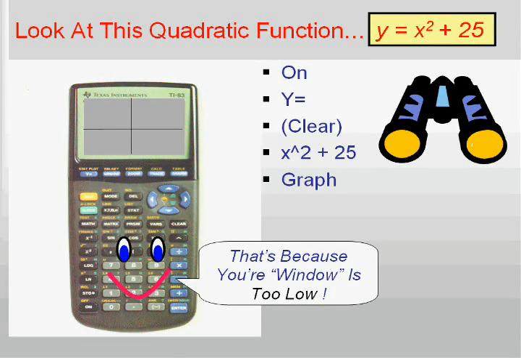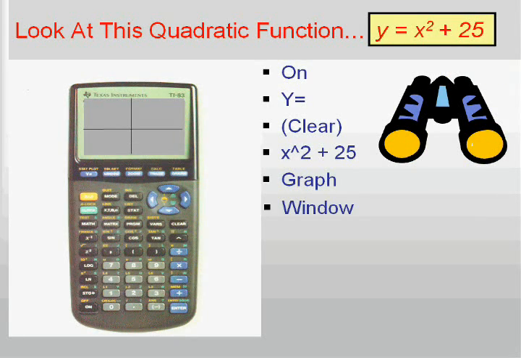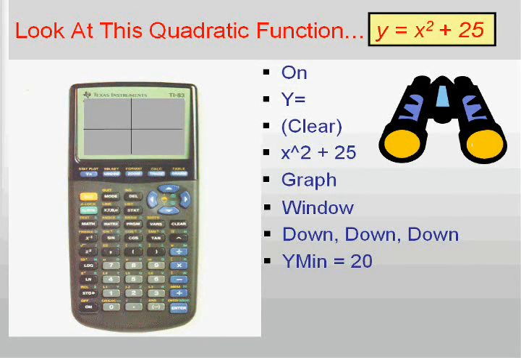Now we could zoom out, but another option is to change the window. That's not going to change the size of it. It's going to change the angle where you're looking. Try hitting window, then you're going to have to go down 3 times to the Y minimum.